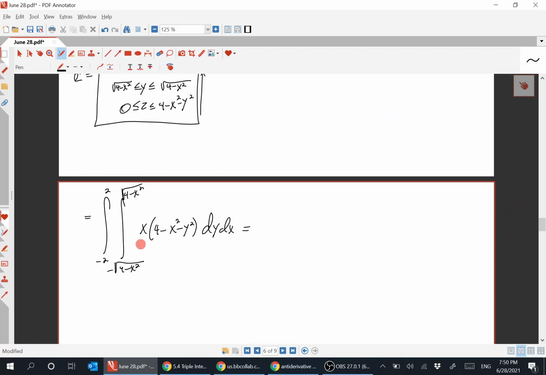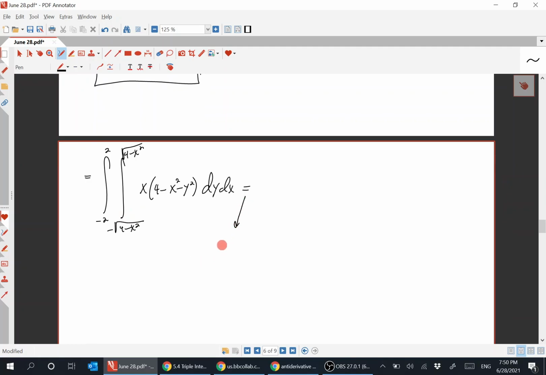But what region is being described here? What domain is being described here? Do you see it? Square root of 4 minus x squared is the top half of the circle of radius 2, and the negative one is the bottom half of the circle of radius 2. And the x coordinate is going from minus 2 to 2.